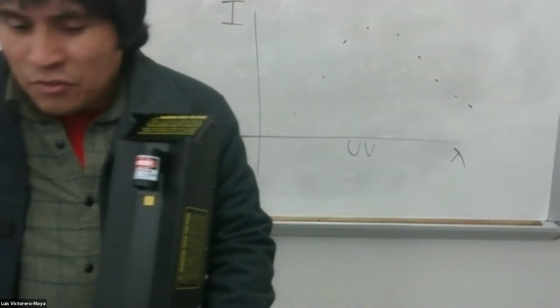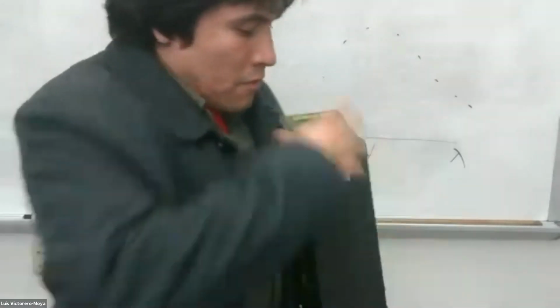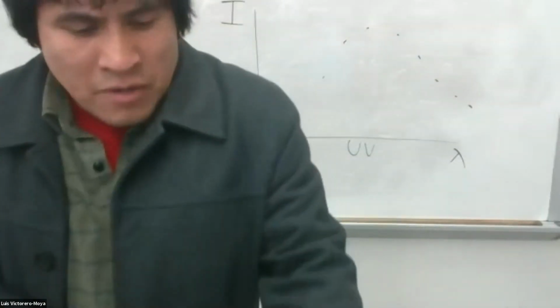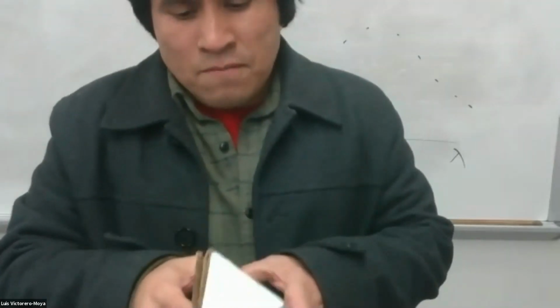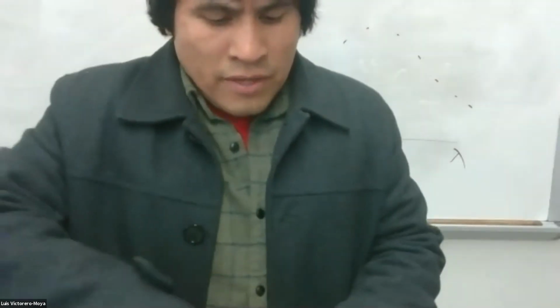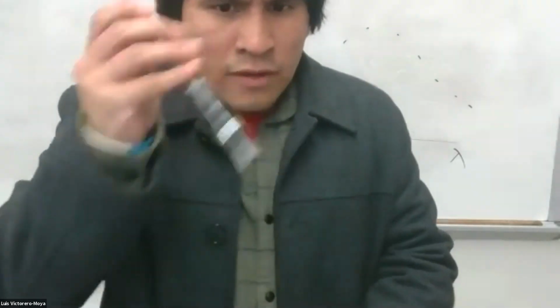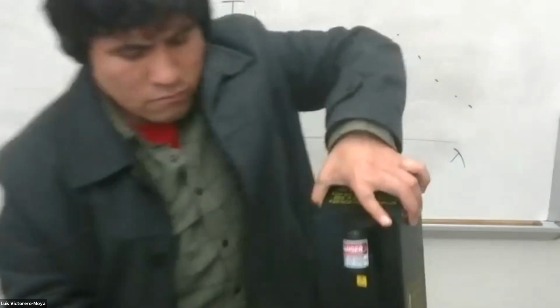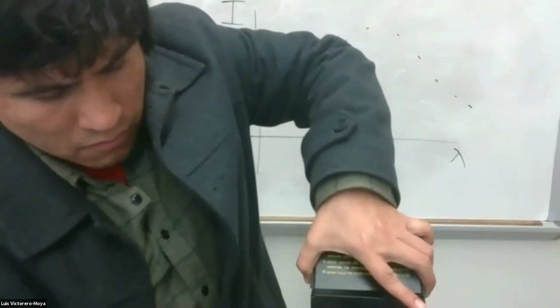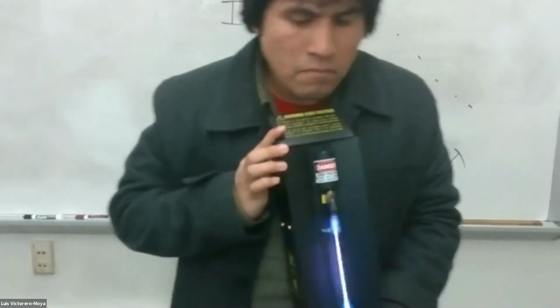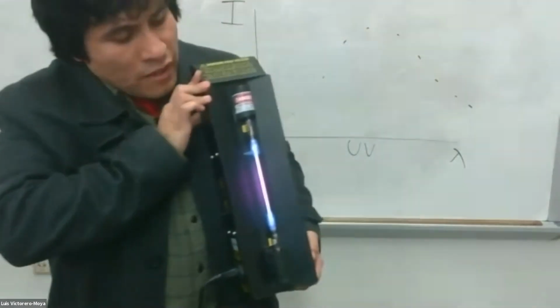I can also do that for hydrogen, right? So for hydrogen, you saw how that one was a bit reddish, right? So for hydrogen, what we have here is another lamp. Let's put this in here. Let's see what we get. That's your hydrogen lamp.